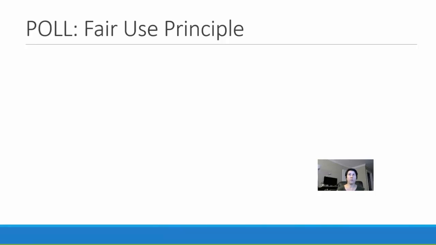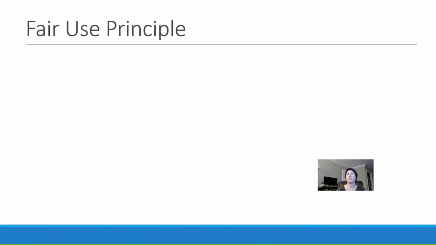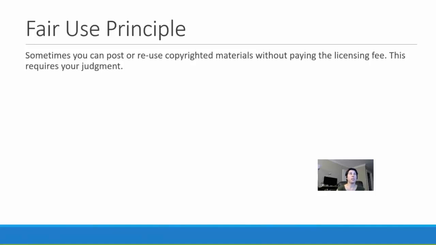So number 1, under fair use, let me see. Actually, I should have this on the next slide. So number 1, under the fair use principle of copyright law, you can post or reuse copyrighted materials without paying a licensing fee. Sometimes you can. That is true. That's what fair use is for. So fair use exists to protect educational uses, satirical uses.